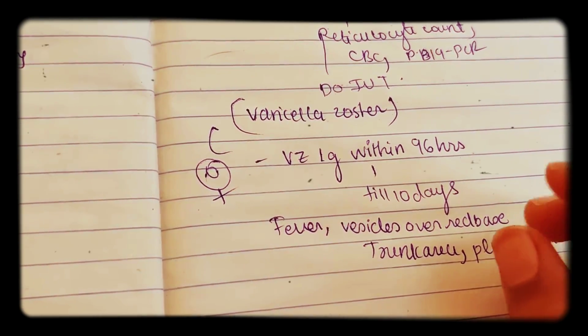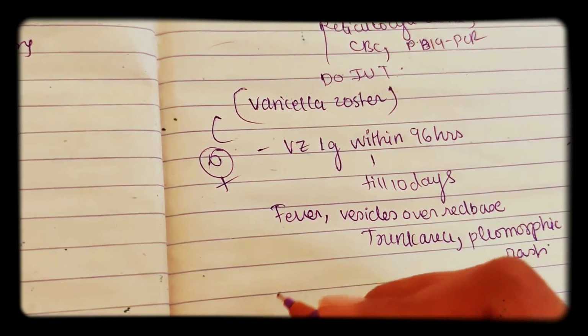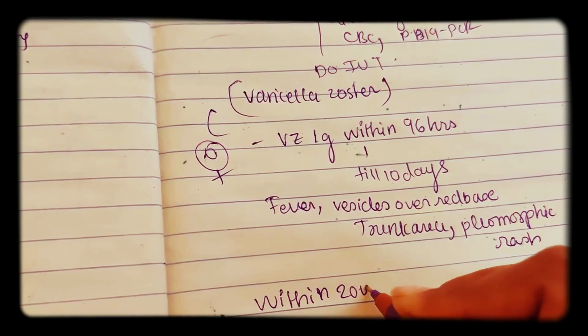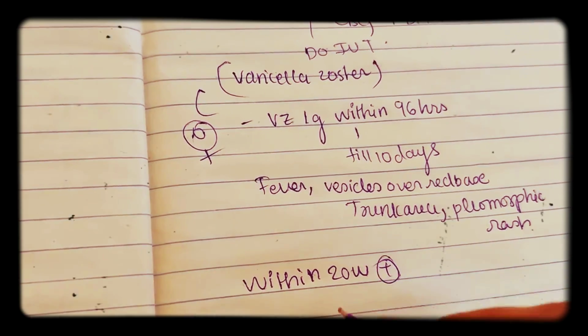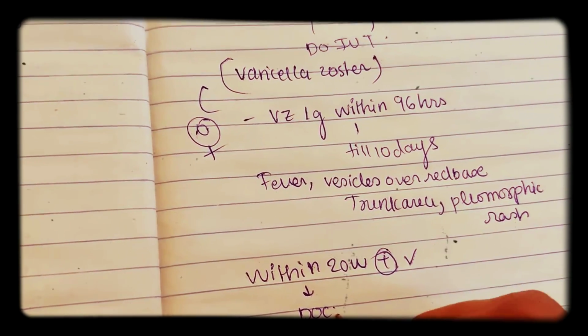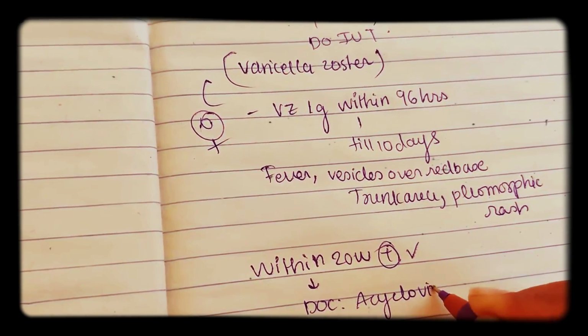And if a pregnant woman has varicella zoster infection within 20 weeks of pregnancy, then the drug of choice will be acyclovir. Okay, acyclovir.